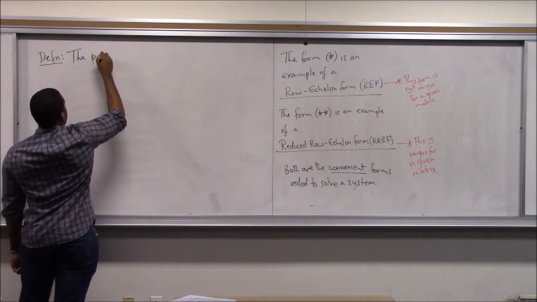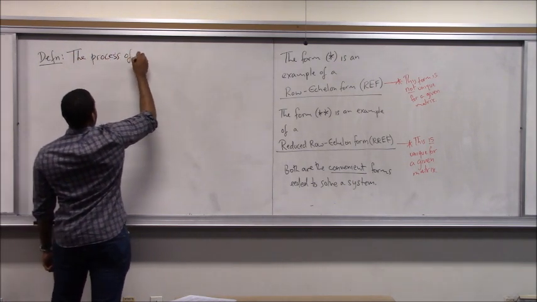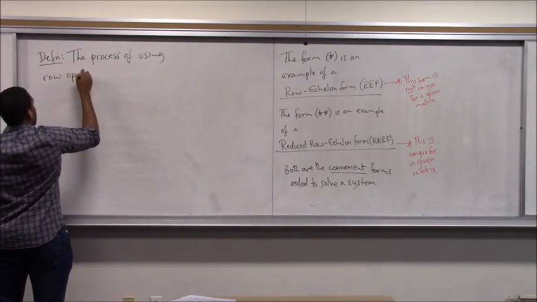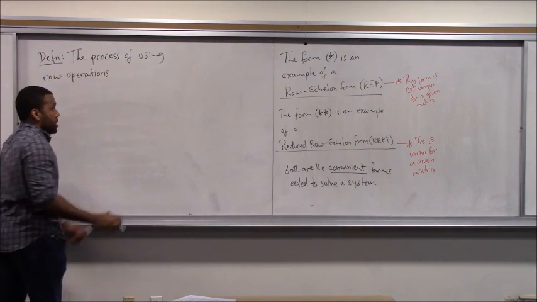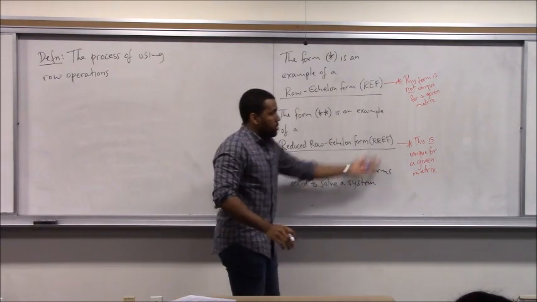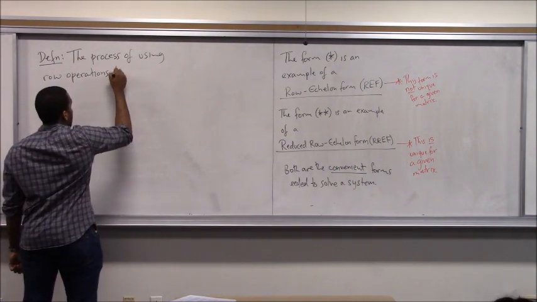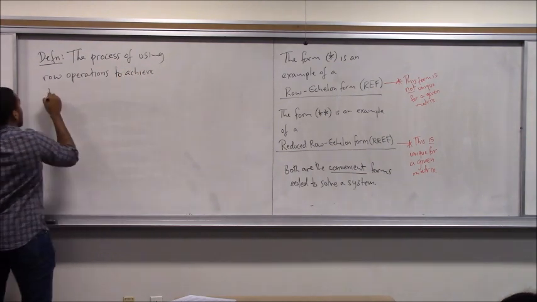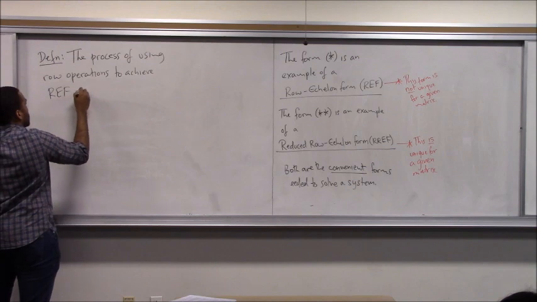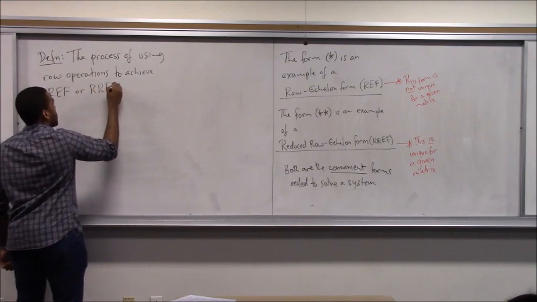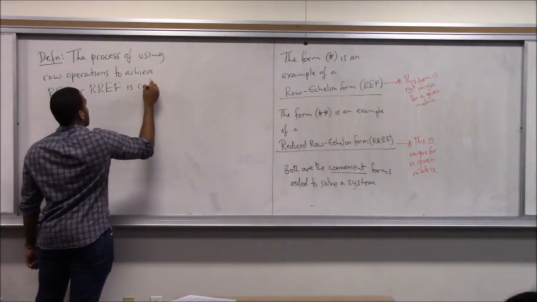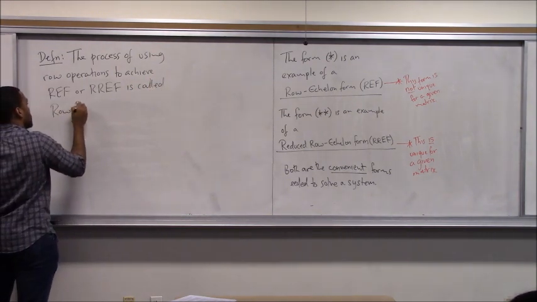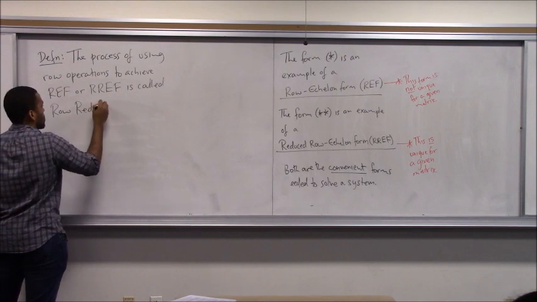The process of using row operations, i.e. the thing I was doing just now, that process of using row operations to achieve REF or RREF is called row reduction. So that's where the title comes from. It's called row reduction.